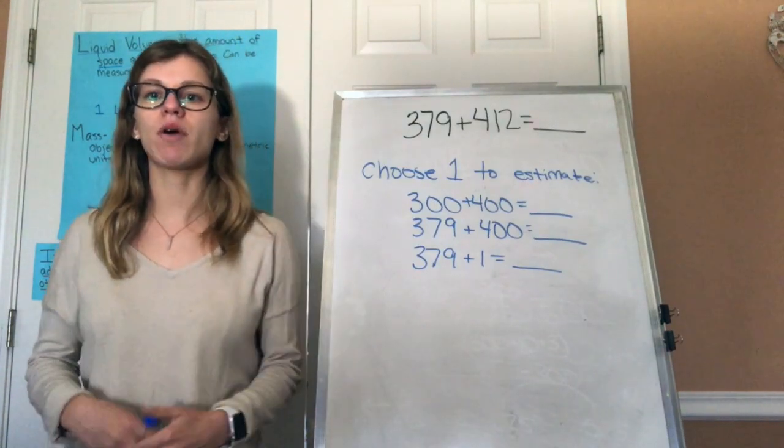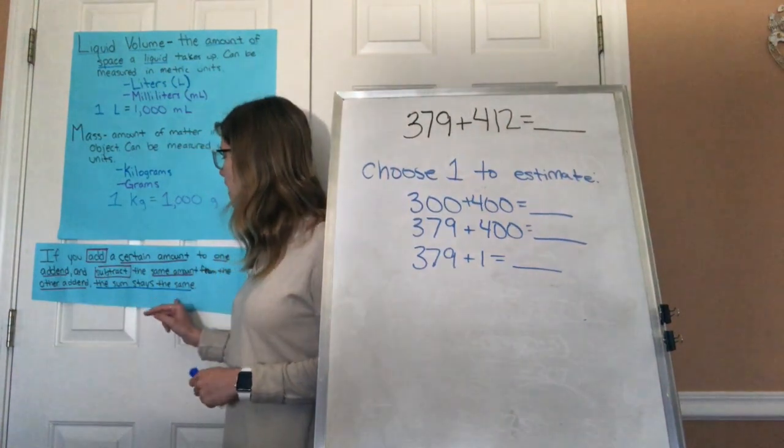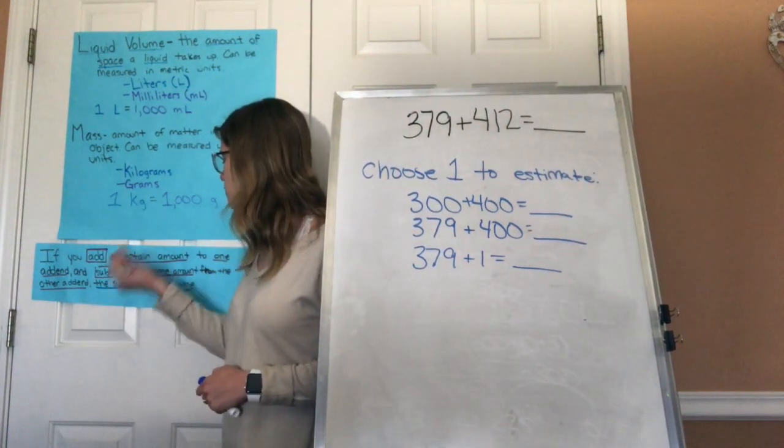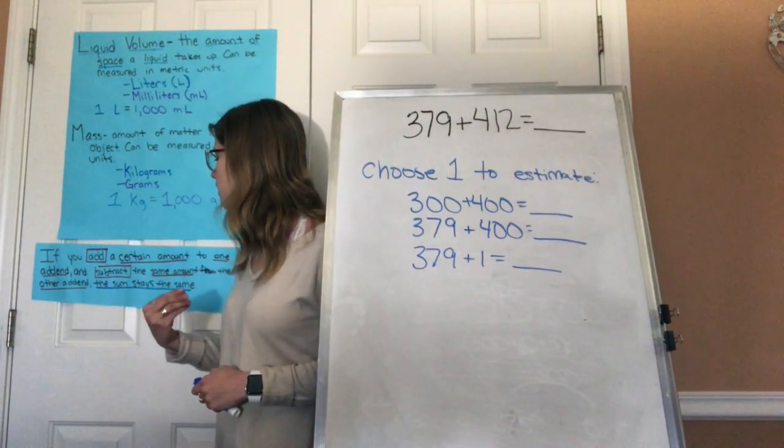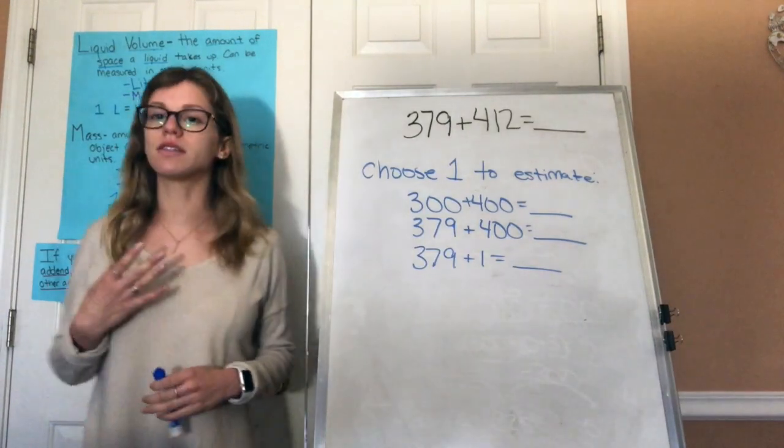And yesterday we came up with a rule that if you add a certain amount to one addend and subtract the same amount from the other addend, the sum will stay the same.